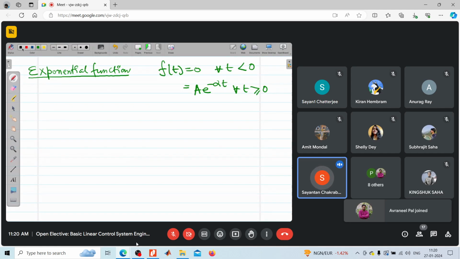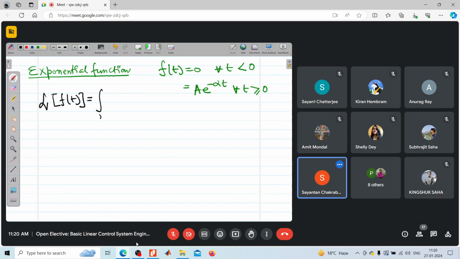So what is the Laplace transform? F(t) will be the integral from 0 to infinity of a e to the power minus alpha t times e to the power minus st dt, that is, a is common, e to the power minus of (alpha plus s)t dt.